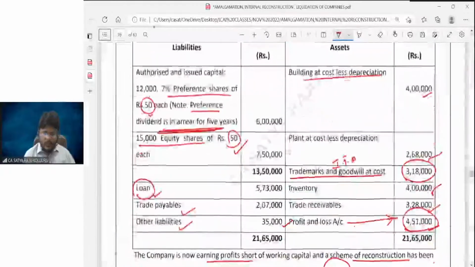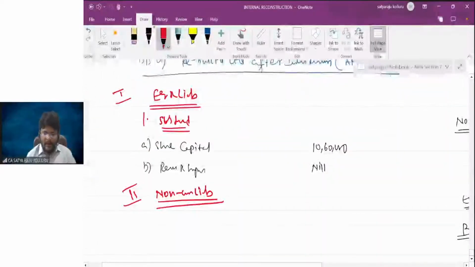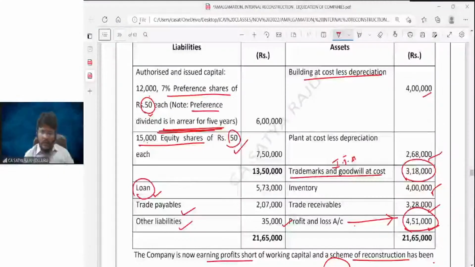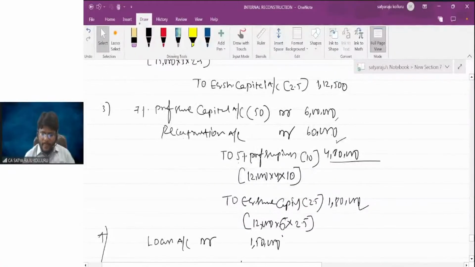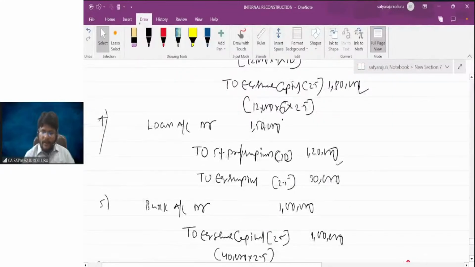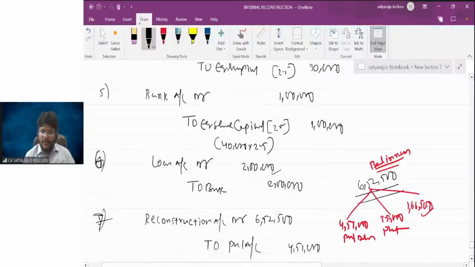Go up. Let me take the loan as a non-current liability, guys. Loan out of 5,73,000. That is A, long-term borrowings. I'm just mentioning it as a loan. Out of the loan of 5,73,000, if you observe, 1,50,000 you discharged by issuing preference and equity, and 2 lakhs you paid in the form of cash.